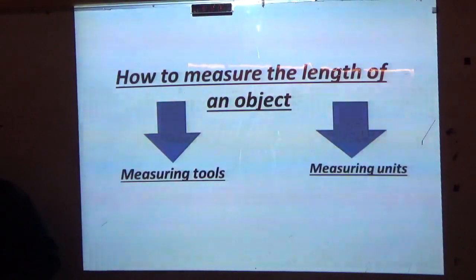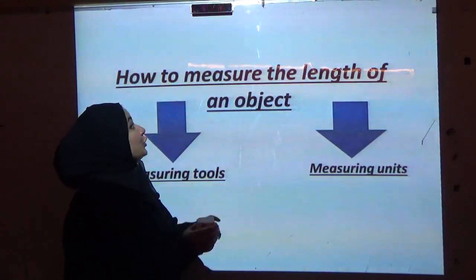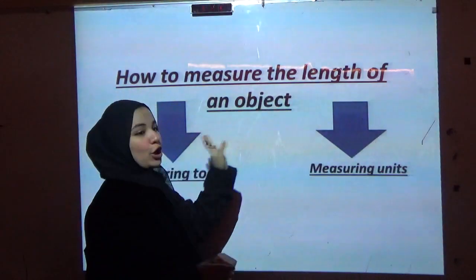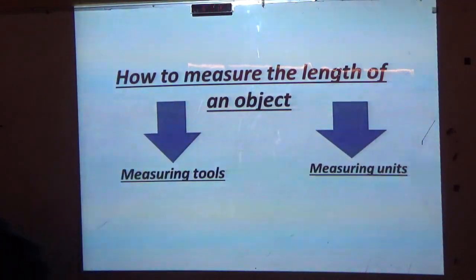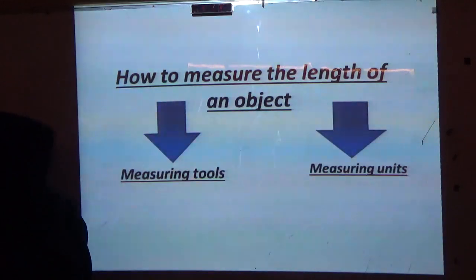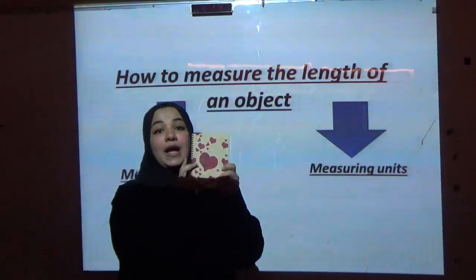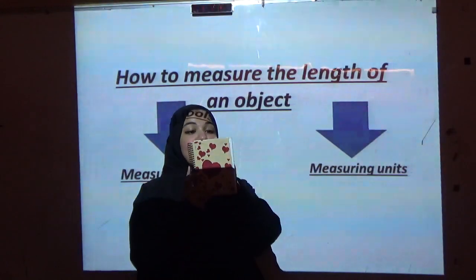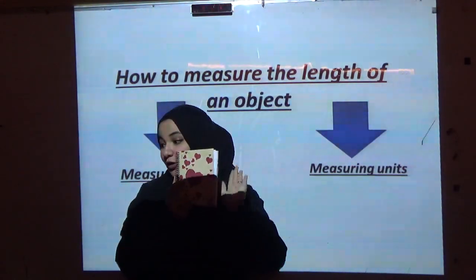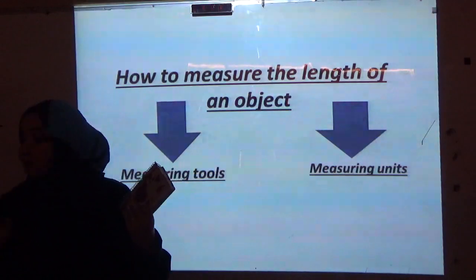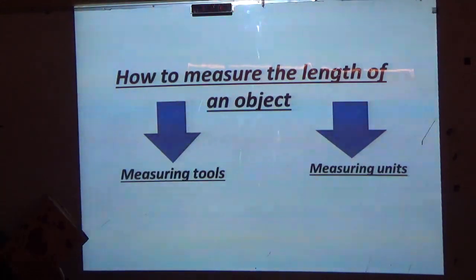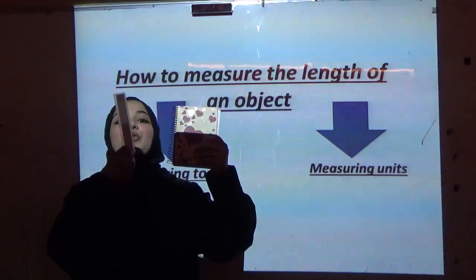Now we want to know how to measure the length of an object. Now I have this book and I want to measure the length of this book. How can I measure? By using a ruler.